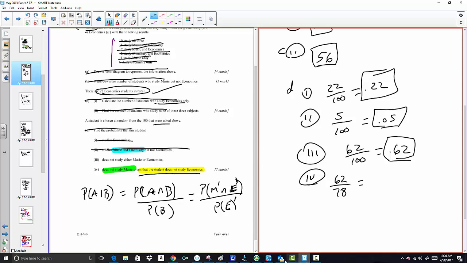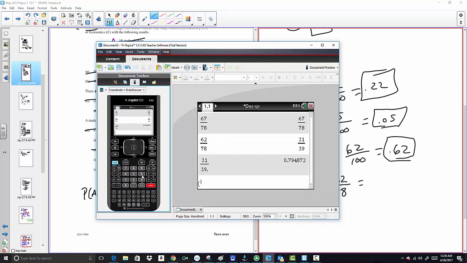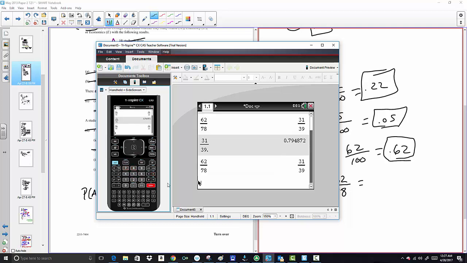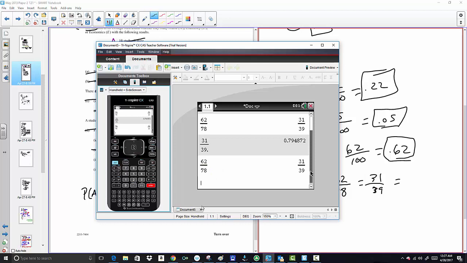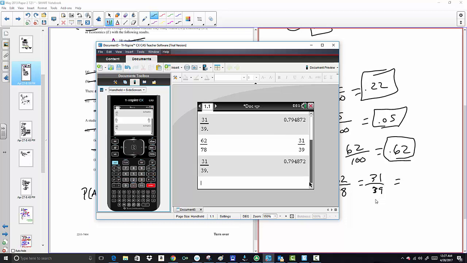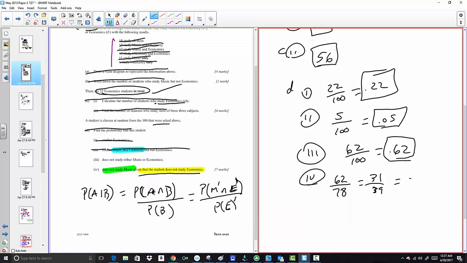Okay, we can do this in the calculator. 62 out of the 78, that will reduce to 31 out of 39, which is a fraction. Let's do that in a calculator again, 31 divided by 39, the decimal is 0.794, or 79.4%. So that's how that works, okay?